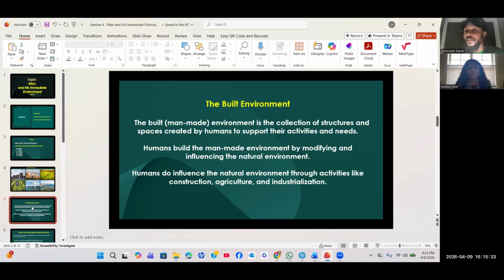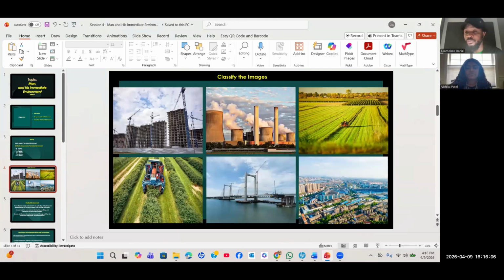What do we mean by modify? We create it the way we want. We make changes to it to suit our taste, to give us some form of comfort. And then humans do influence the natural environment through activities like constructions, agriculture, and industrialization. From the pictures you saw earlier, you could see how humans have influenced the natural environment through constructions. This is the built structure.